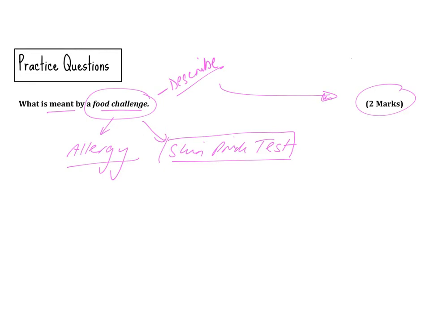And that would indicate that the person is allergic to that particular protein. However, if the individual has a series of welts, or it's unclear what the results are of that skin prick test, then they will be exposed to a food challenge.